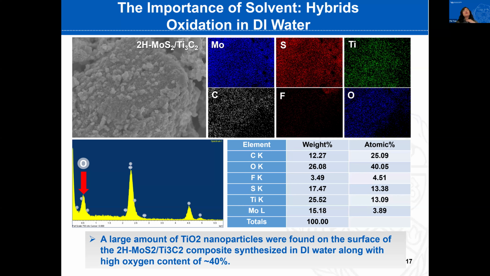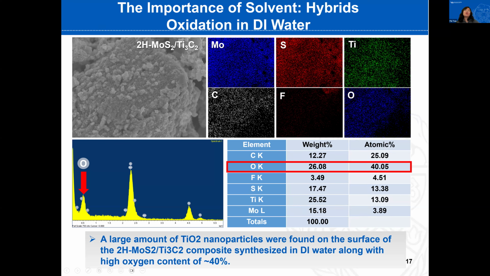So this slide simply shows you that when we prepare the hybrid structure in the DI water, we notice that there's a titanium oxide nanoparticle on the surface, which is formed due to the presence of the titanium in the mixing. And also the oxygen atomic ratio is around 40%, which is very high.